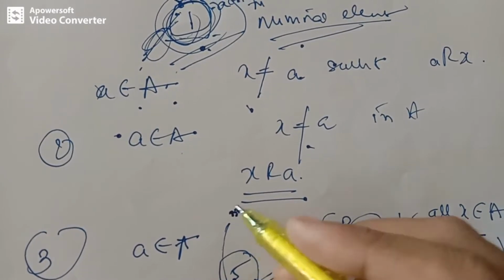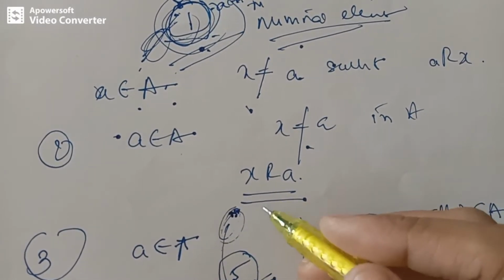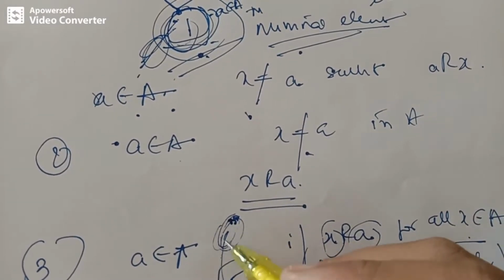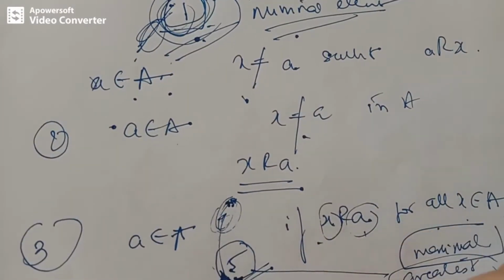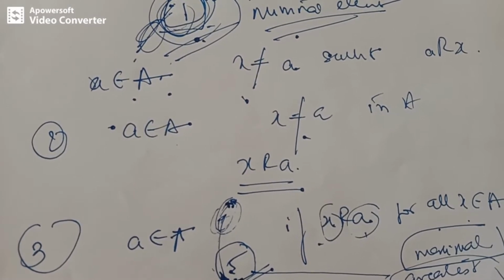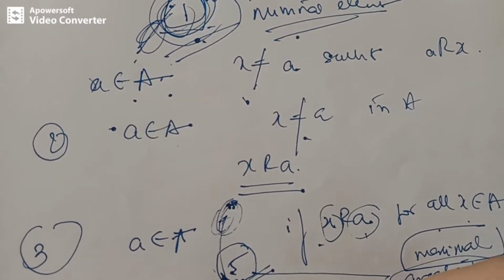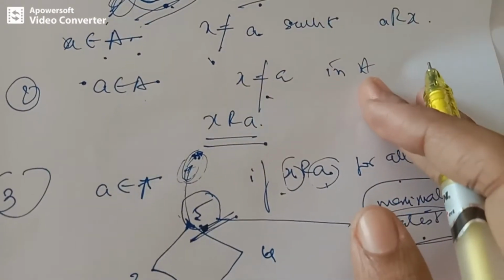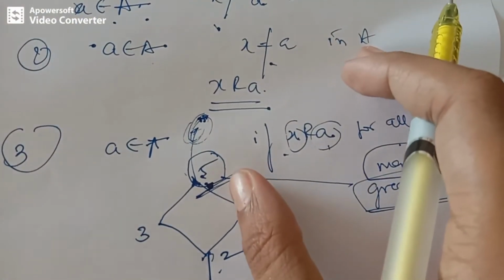If there is a further edge going out from here, then we cannot consider it a maximal element. But since this is the highest, we say 5 is the maximal as well as the greatest element.